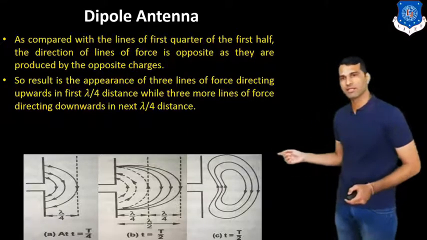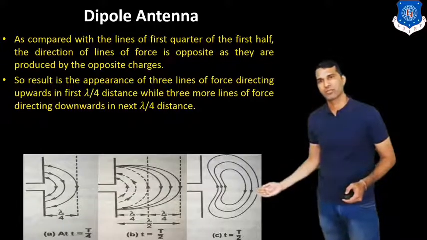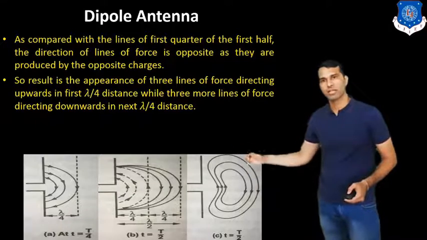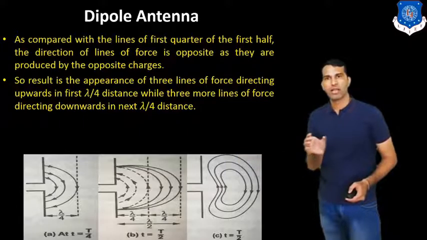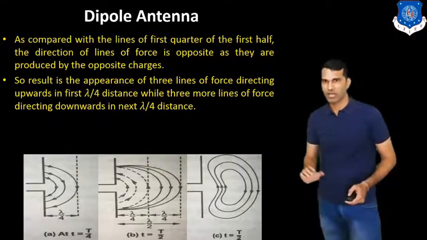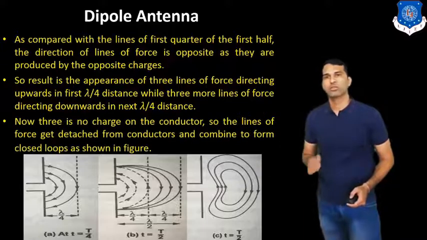So we can say this is the final figure we get like this. In the second figure we can see in the first quarter the lines go in the downward side, and in the next quarter the lines go from the upward side.